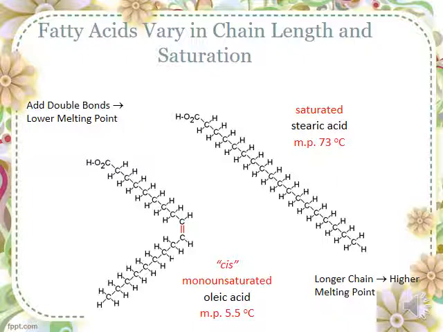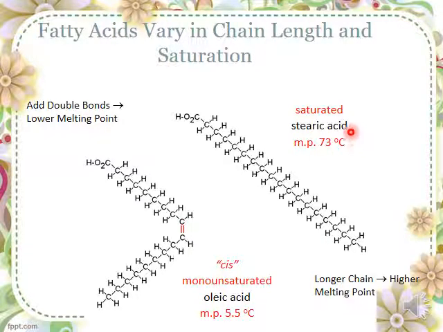Next we'll look at physical properties of fatty acids, saturated versus unsaturated. Here we look at saturated stearic acid having 18 carbons in its chain. The melting point for stearic acid is 73 degrees Celsius.